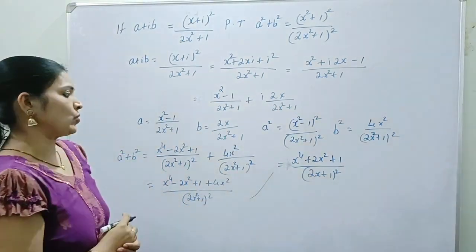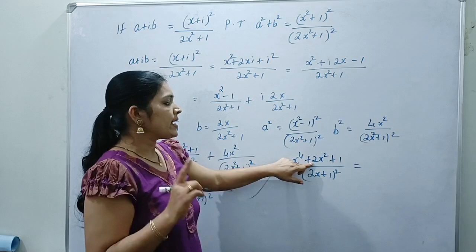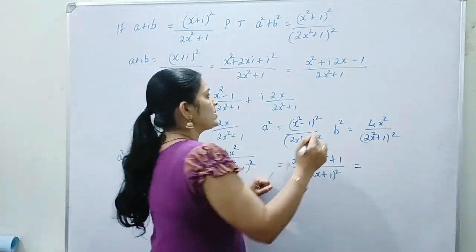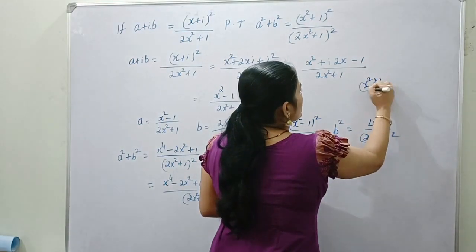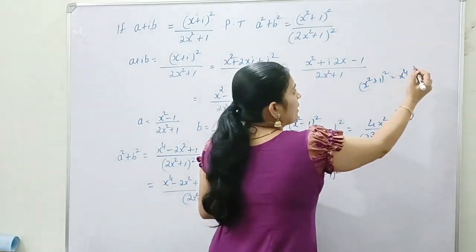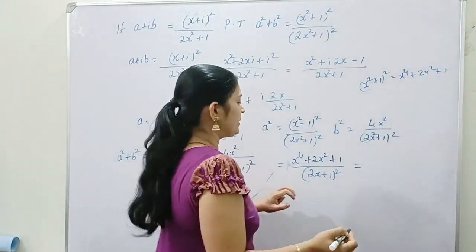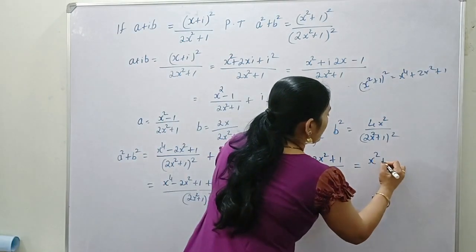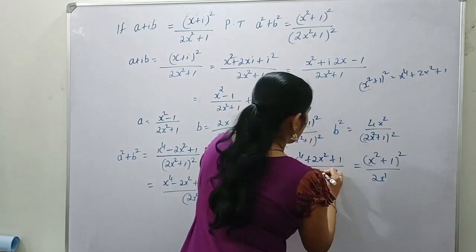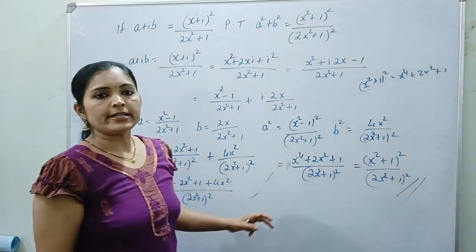Now what is this one? See, it is nothing but (x square plus 1) whole square, using (a plus b) whole square. See what we will get: (x square plus 1) whole square, a square is x raised to 4, plus 2ab, that is 2x square, plus b square, that is 1. Therefore here (x square plus 1) whole square divided by (2x square plus 1) whole square. Hence it is proved.